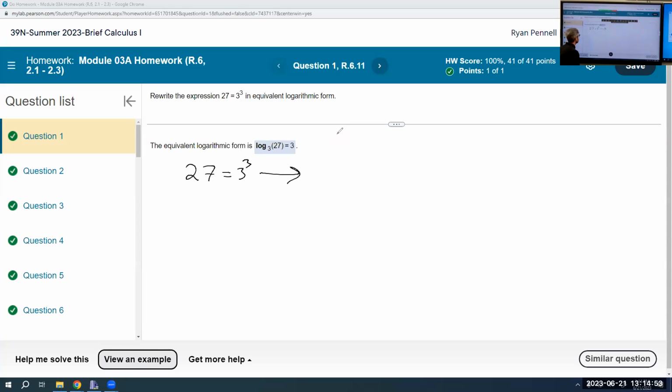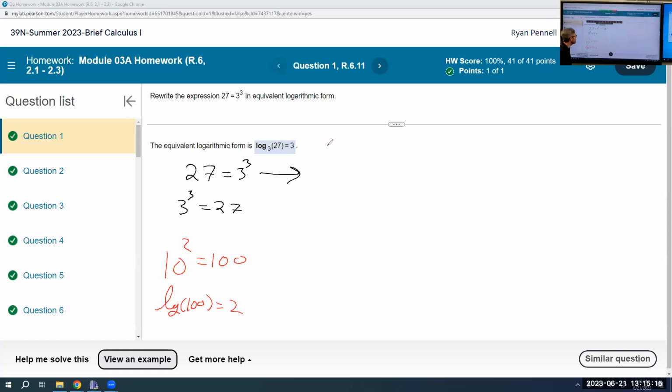We just got to knock the rust off. Okay? So what does that mean? 3 cubed equals 27. And earlier I was talking about 10 squared equal to 100, so common log of 100 equals 2. That was just a second ago.